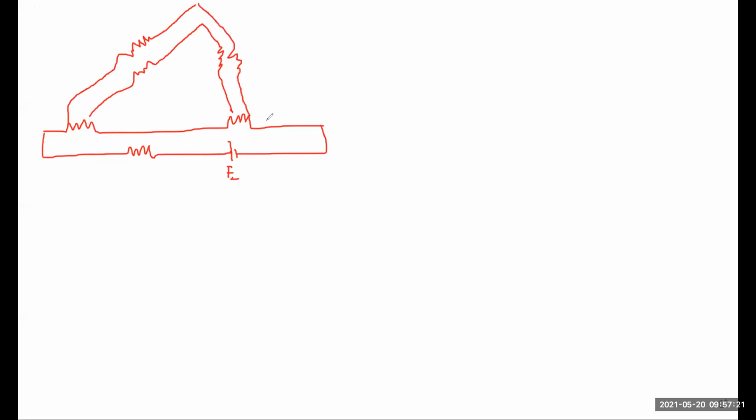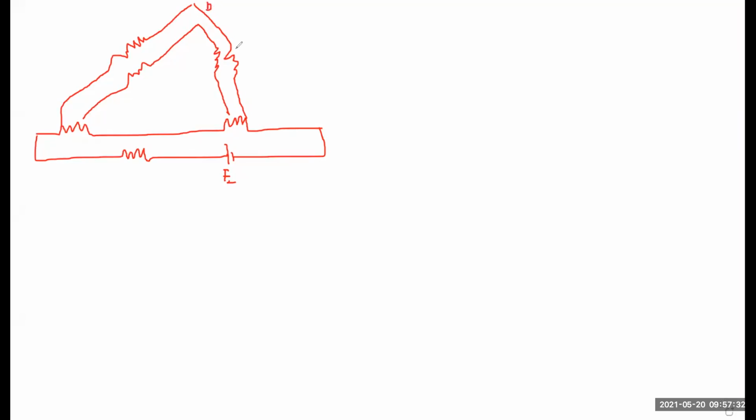It's not so proper, but still I'm trying. So this is the B point, and here a galvanometer is connected at this position. This is the galvanometer G. It is the capital Q resistance, it is the small q. And here again, this is the capital P resistance and this is the small p. Then this terminal is A, and I told you A, B, C, and this terminal will be C.